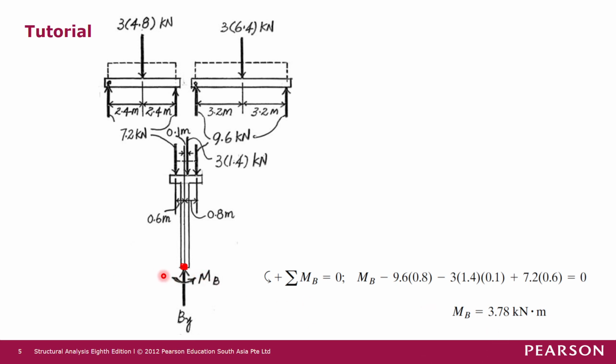So MB is an anti-clockwise moment. So with that, we have already got the solution of M, A, and MB, which answers the tutorial question. That's all for now. Thank you very much for watching.